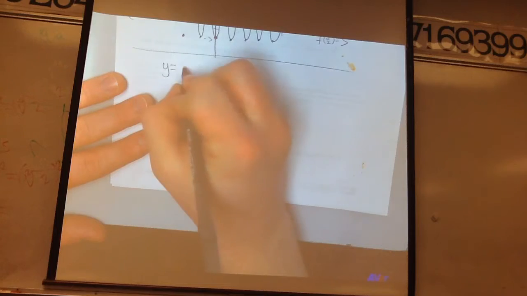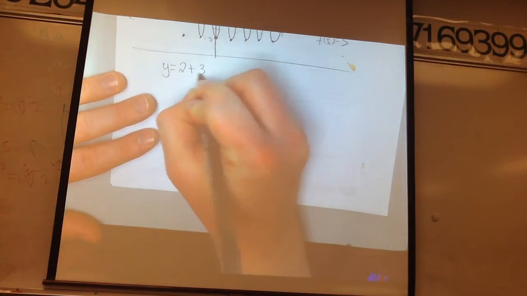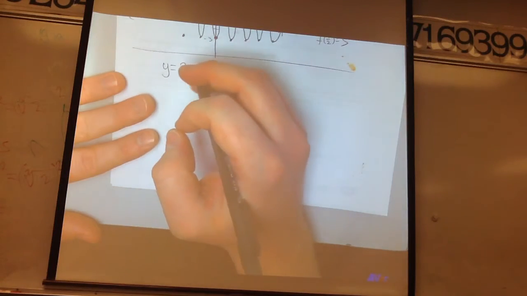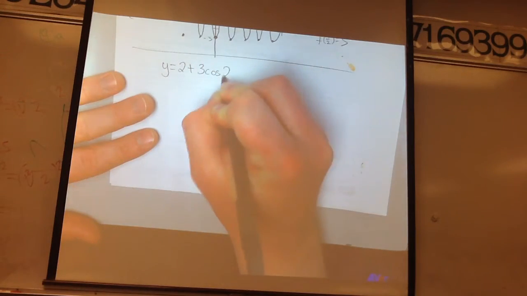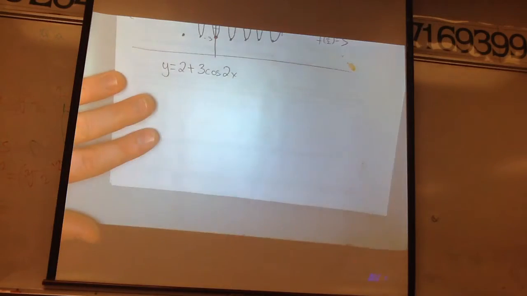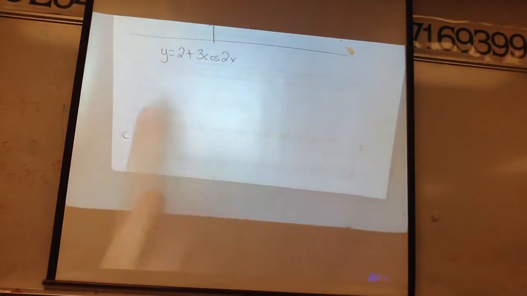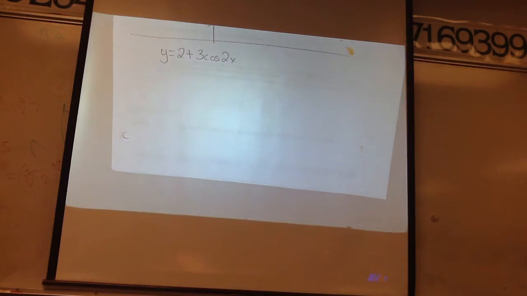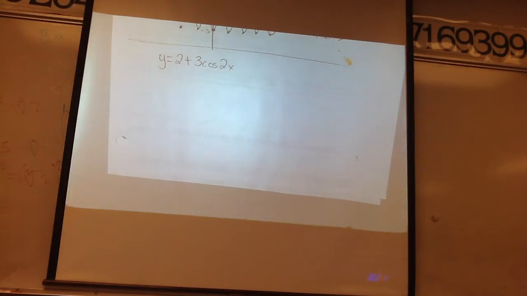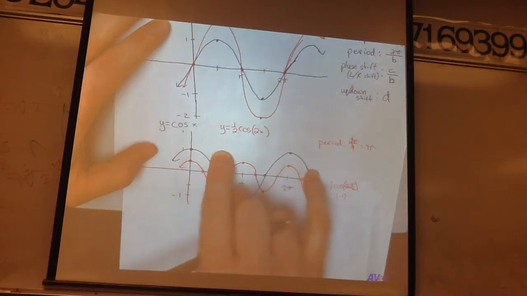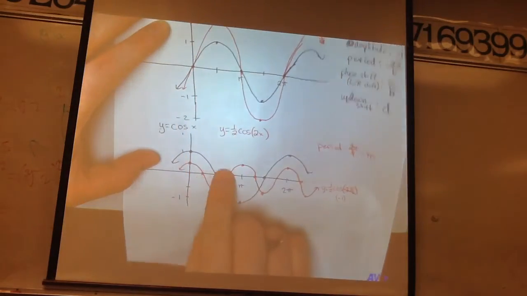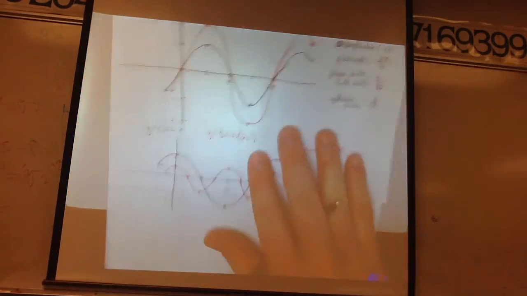Y equals 2 plus 3 times the cosine. Or do you want to do sine? Let's do cosine again. Did you know you could write two different equations for the same graph, one using sine and one using cosine? You just make the phase shift. If I take the cosine graph and shift it over pi over 2, it becomes the sine graph.